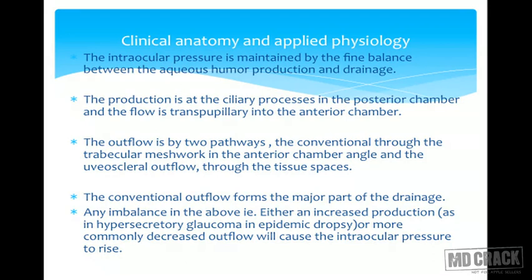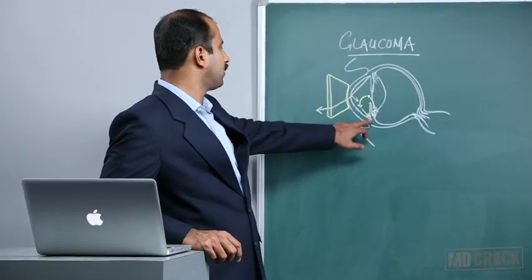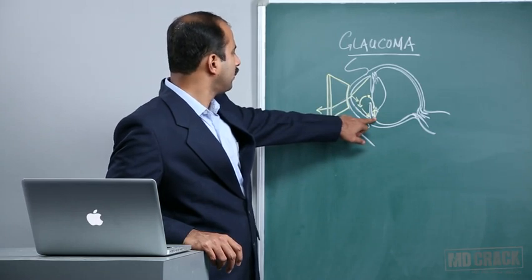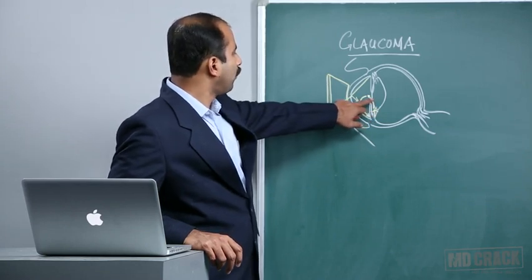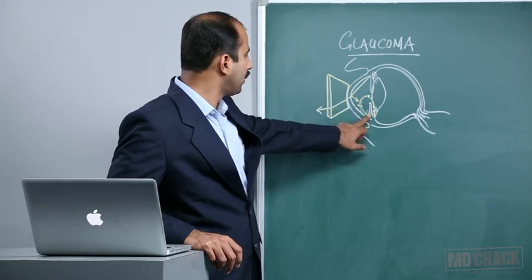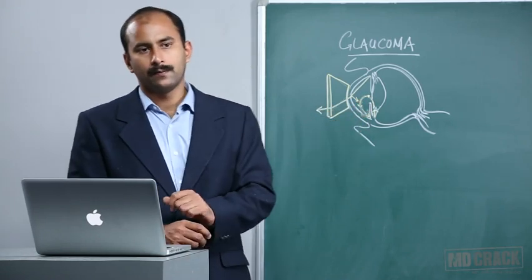Now, if we start with the clinical anatomy and the physiology to understand the basics better, the intraocular pressure is maintained by the fine balance of aqueous secretion from the pars plicata of the ciliary body, the transpupillary flow of aqueous into the anterior chamber, and the final drainage from the conventional pathway through the anterior chamber angle.